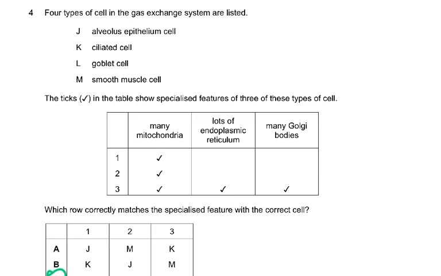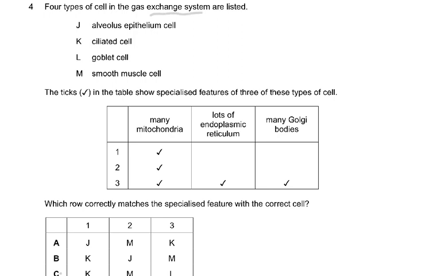Then four types of cells in the gas exchange system are listed: alveolus epithelium cells, squamous epithelium; ciliated cells lining the trachea; goblet cells, which produce mucus, a glycoprotein; and smooth muscle cells. The ticks in the table show specialized features of three of these types of cells. I would only concentrate on the goblet cells. Why would I concentrate on that?